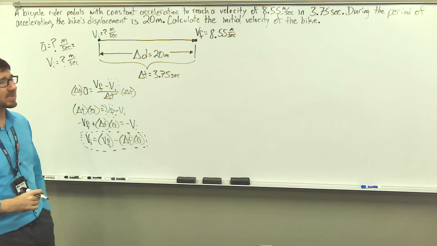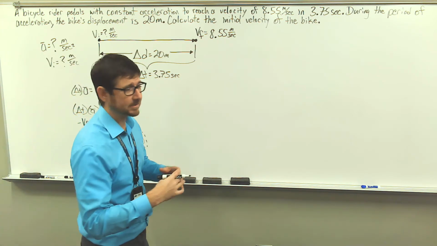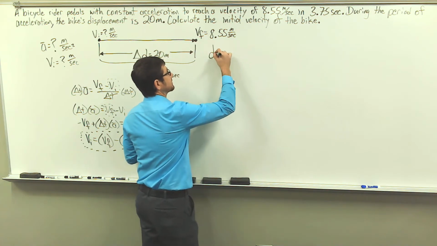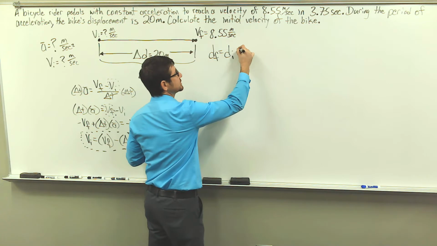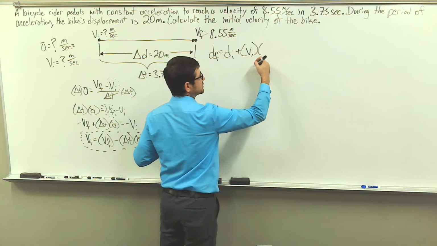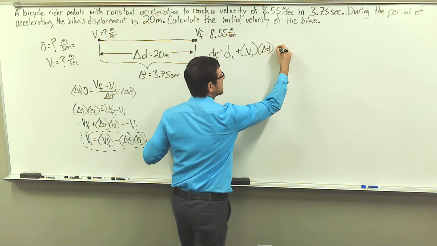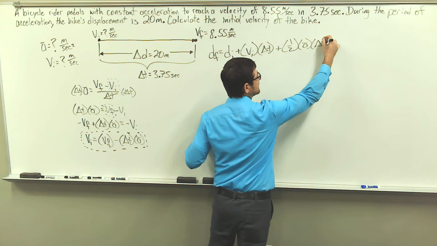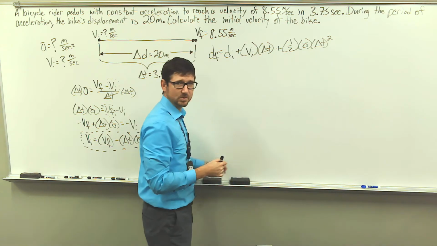The next thing I want to do is look at another one of our equations that we learned in chapter 3. The final displacement is equal to initial displacement plus the product of the object's initial velocity and time interval plus 1/2 times the acceleration multiplied by the time interval squared.